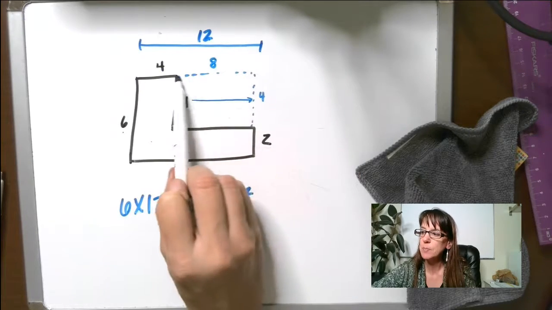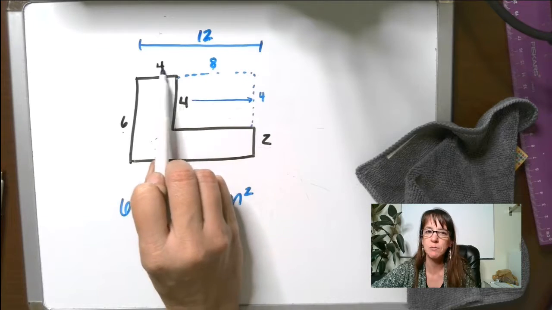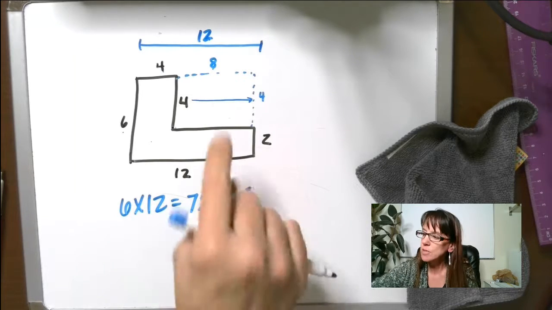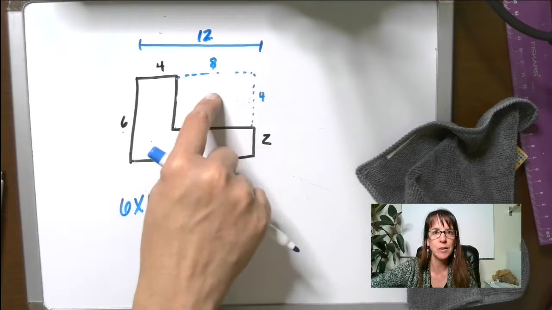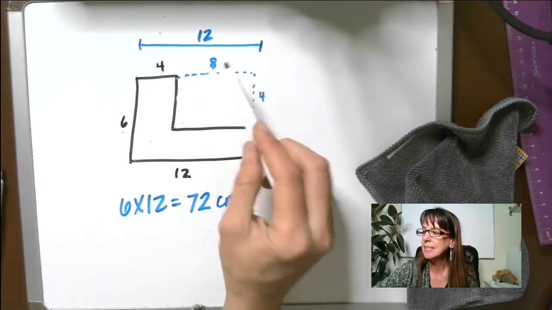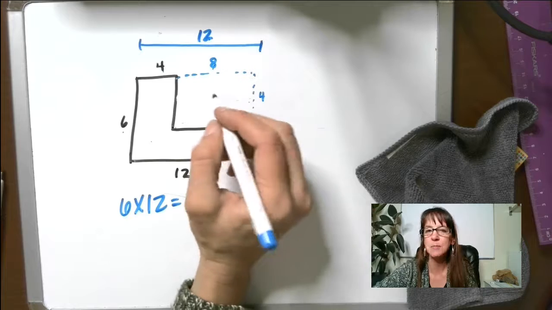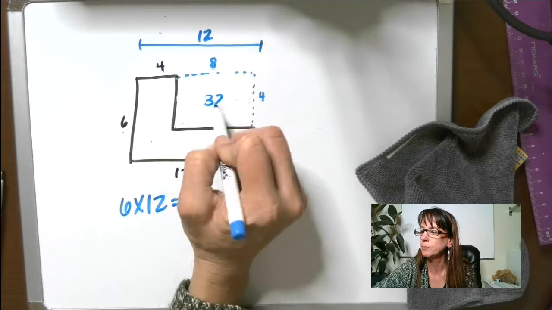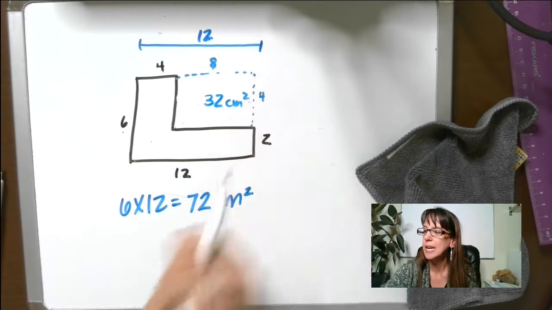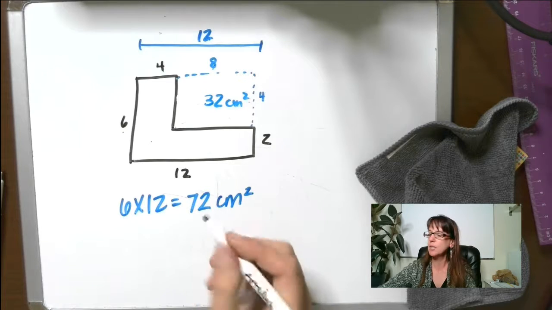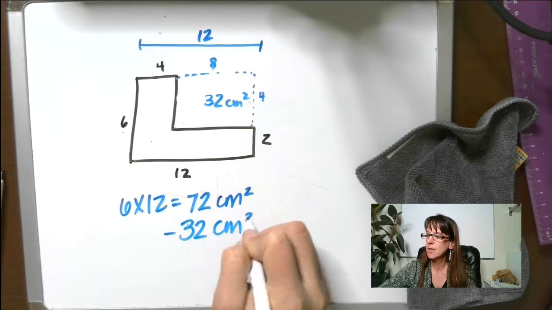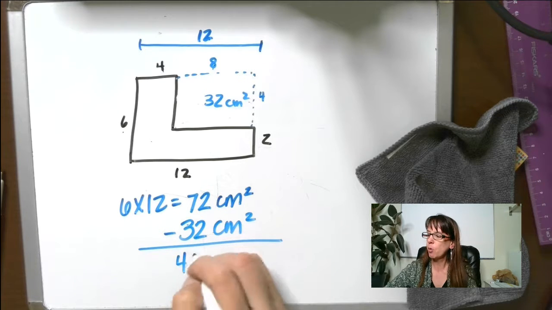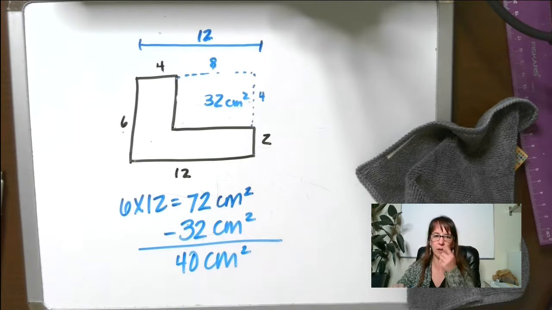So this must be 8 in order to get 8 plus 4 is 12, right? So taking a look, I'm gonna erase this guy here. This bite that the shark took out, the area of that is this times this, 8 times 4, which is 32 centimeters squared. So we take the whole thing, 72 centimeters squared, and we subtract the shark bite. And when we do that, we get 40 centimeters squared.